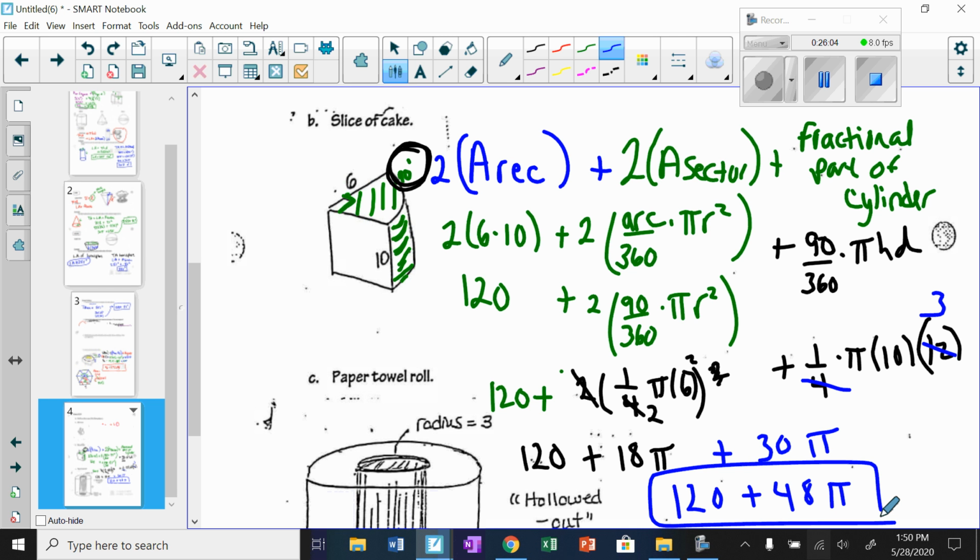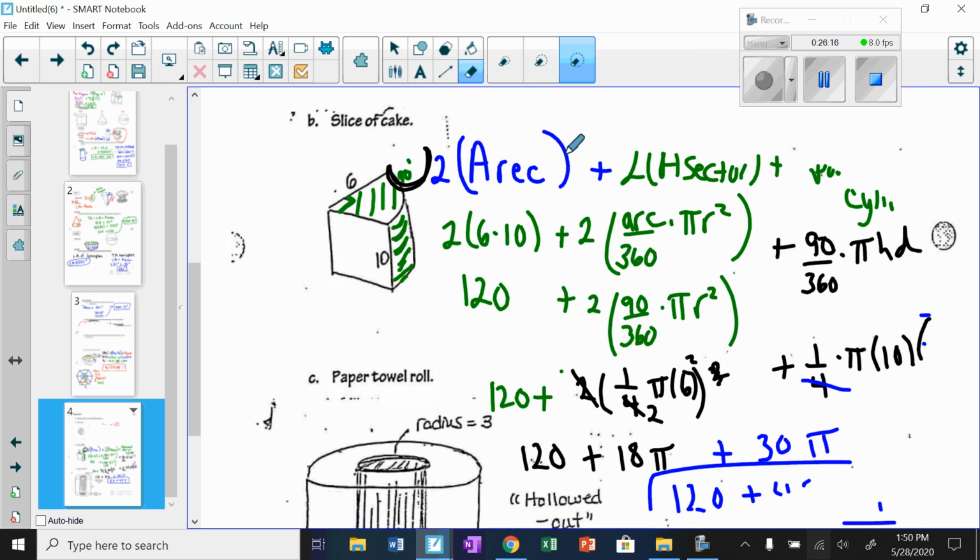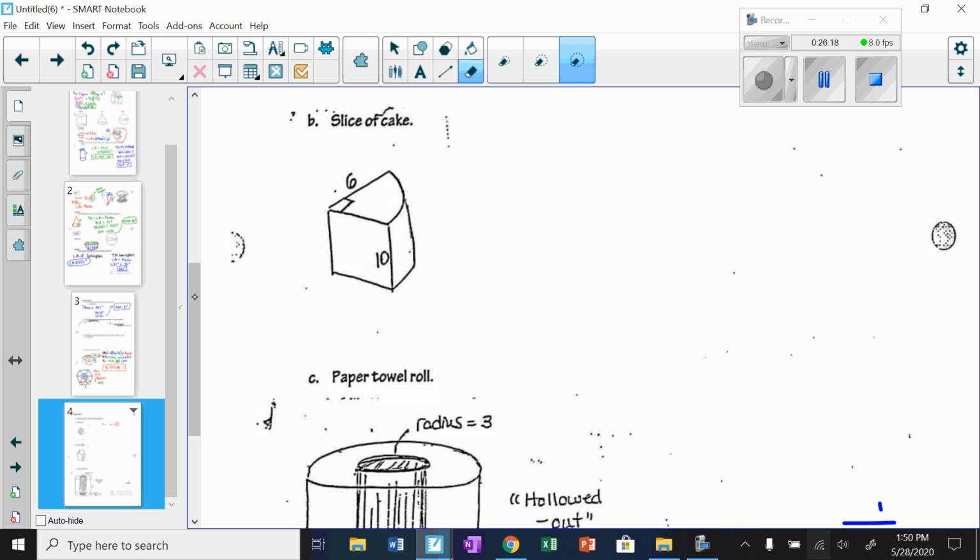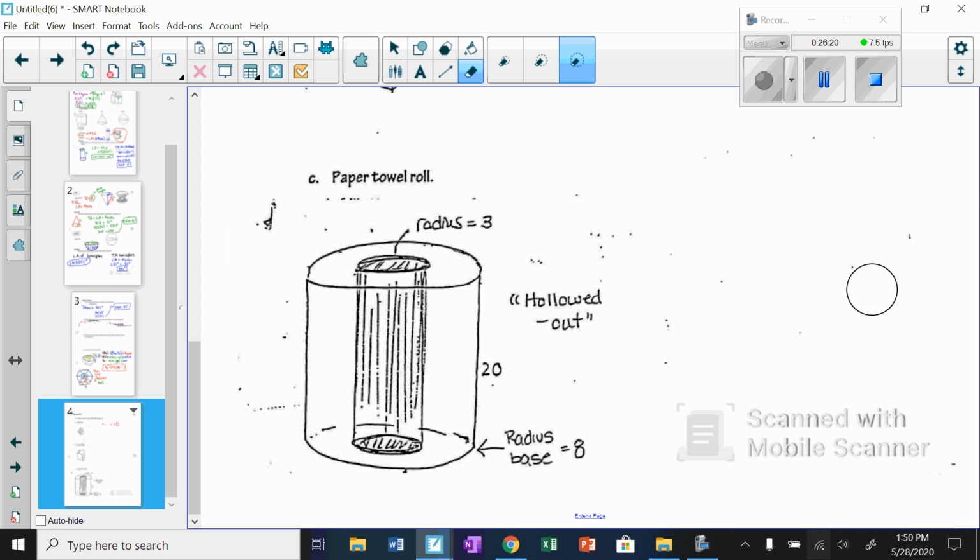All right, last problem. Okay, paper towel roll. We got a lot going on here. So let's think of what we have. So we're going to paint the top and the bottom.